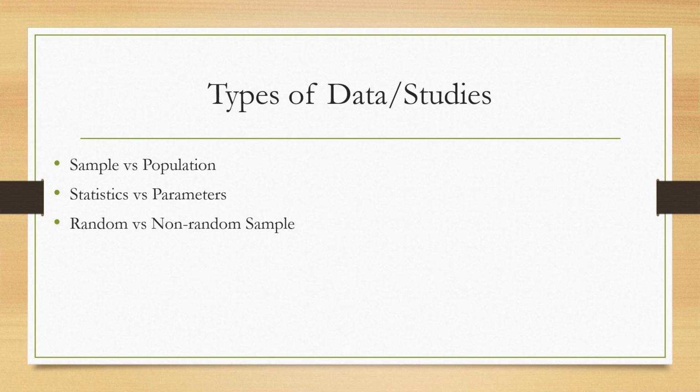Random tends to be a good characteristic of a sample and indicates that the sample was selected randomly from the population. That is, I took everybody in the population, I flipped a coin for everybody or used a random number generator and selected a particular sample from that population.